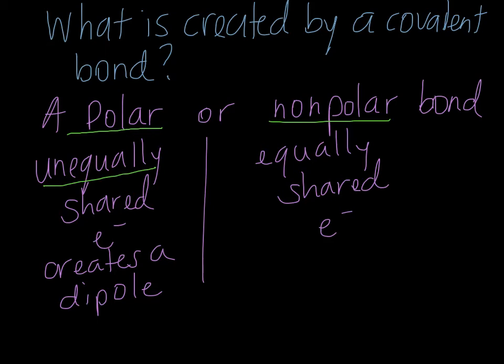Some atom is pulling on those electrons a little bit more, and when it does that, it creates what's called a dipole, which is basically a positive and a negative end. Think of the poles of the Earth, the north and the south end. And the opposite of that would be a nonpolar bond, which is basically you're sharing those electrons equally. Usually that happens due to equal electronegativities.